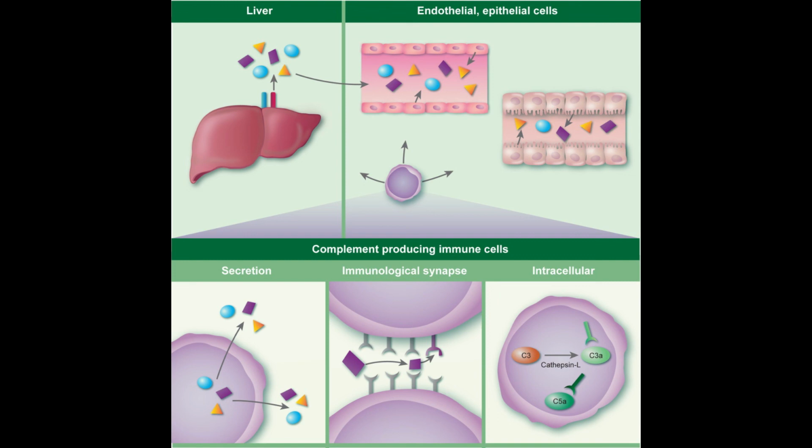C1r and C1s are both serine protease proenzymes, or zymogens. As binding of C1q occurs, both are converted into active enzymes. Autoactivation of C1r results from conformational changes that take place as C1q is bound.